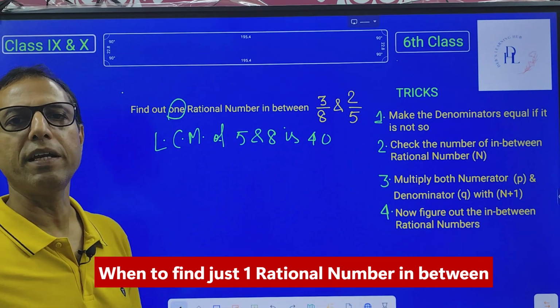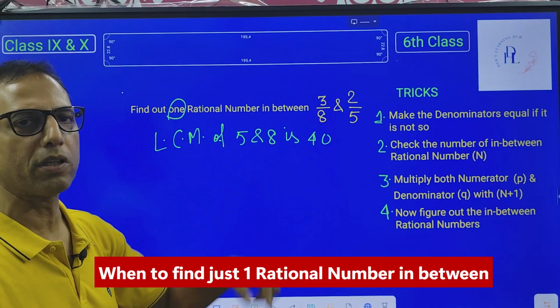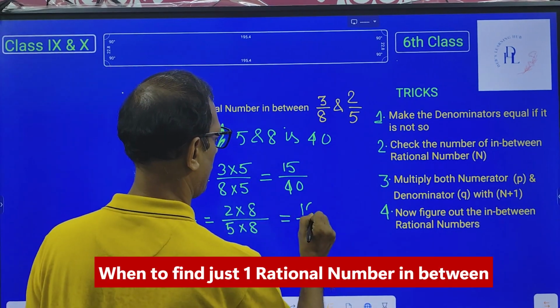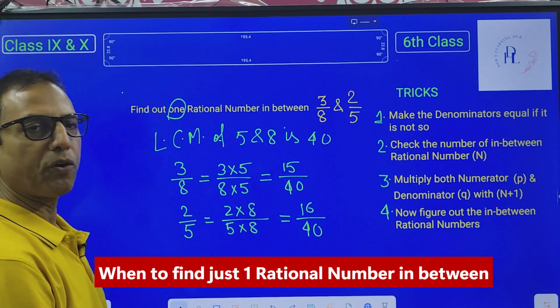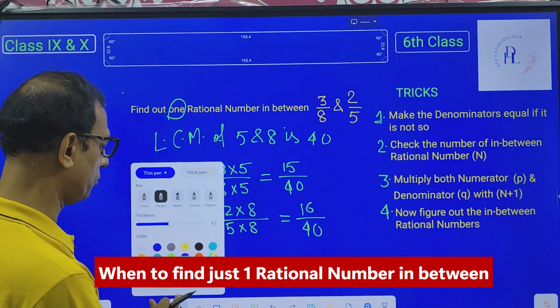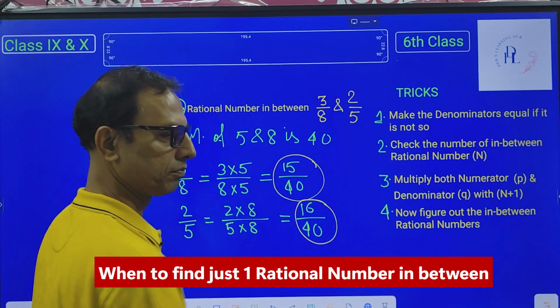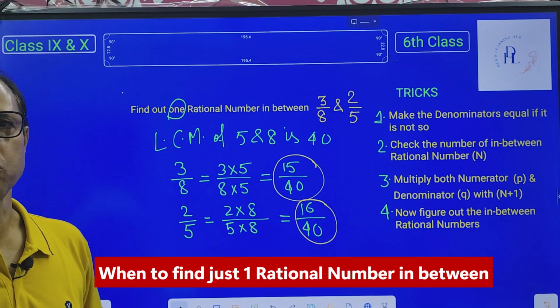So the LCM of 5 and 8 is 40. Now you need to make the denominator 40 for both the fractions. So 3 by 8 means 15 by 40, and 2 by 5 means 16 by 40. So what you need to do now is add these two numbers and divide by 2, right?